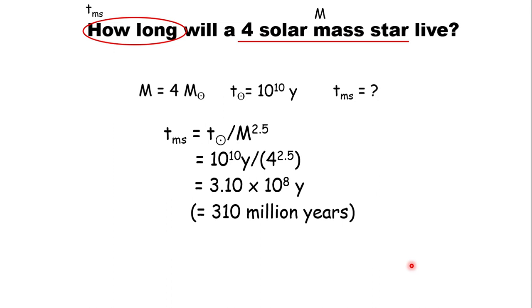The sun will survive fusing hydrogen in hydrostatic equilibrium in a nice balanced state for 10 billion years. If you have a star with just 4 times that mass, its main sequence lifetime is down to 310 million years. So mass, again, size really counts.